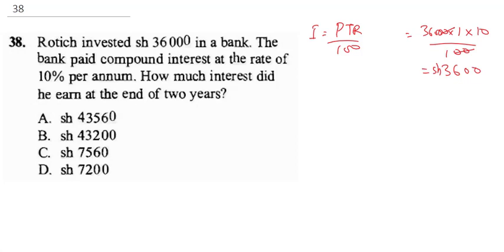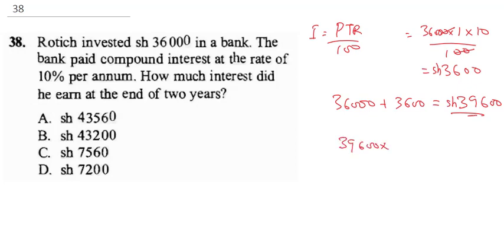Now all you need to do is take the principal 36,000 plus 3,600. Now this is going to give you a total of 39,600. So this will now be our new principal.